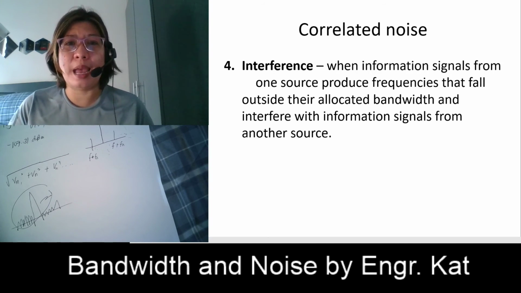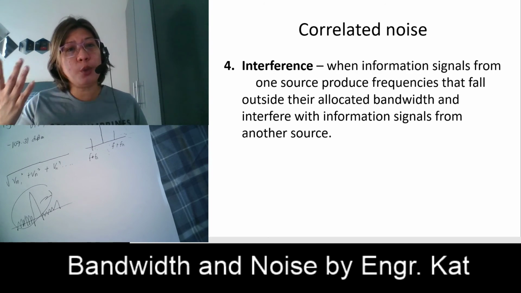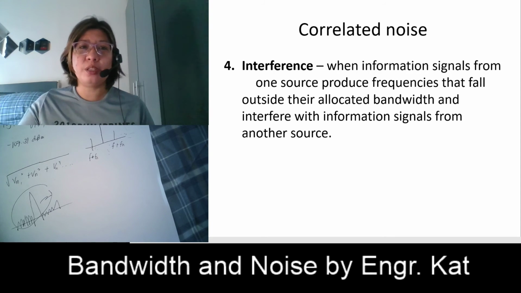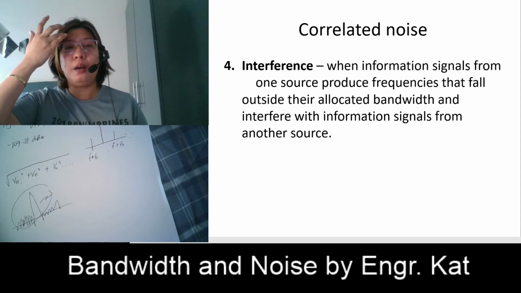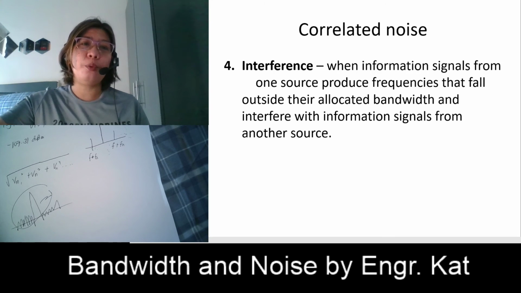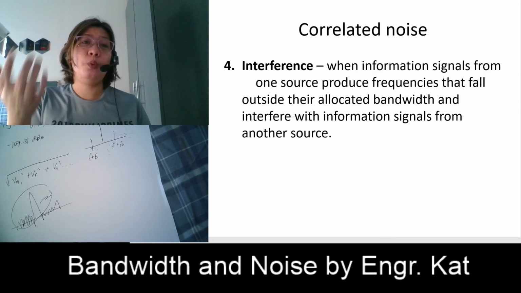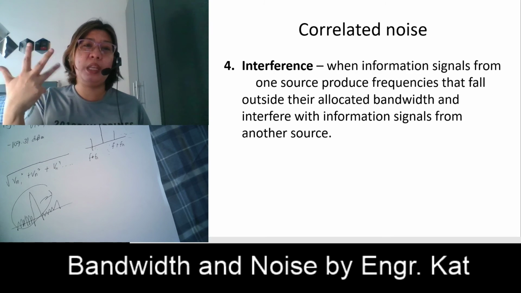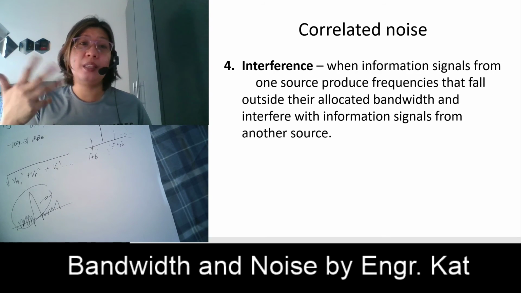That is what we call interference. Or you're talking with somebody on the phone and suddenly there's an airplane, and the frequency from there interferes with your conversation, so you can hear an interfering sound.